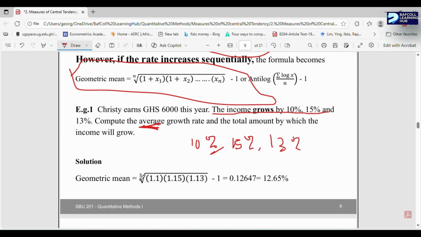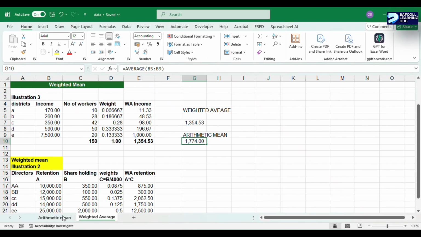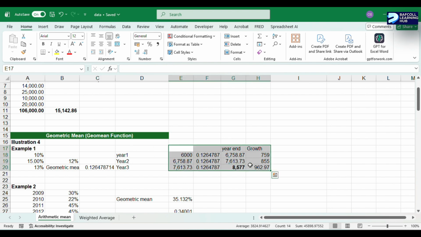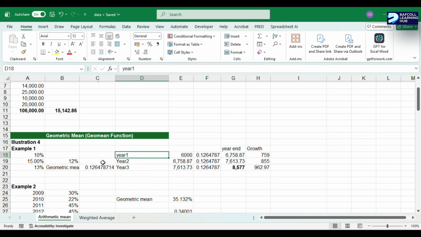Let's go into Excel and see how we can leverage on it to compute that. This is the example for Christy.